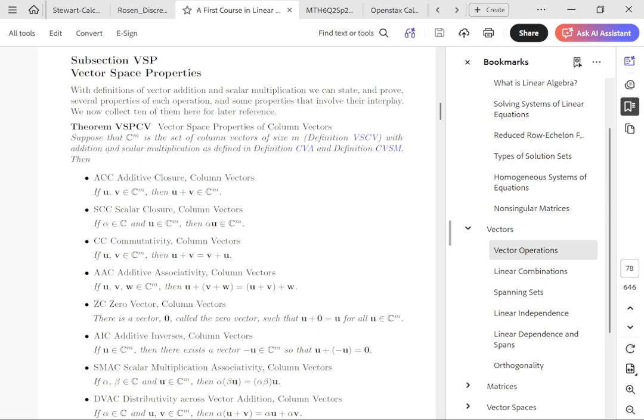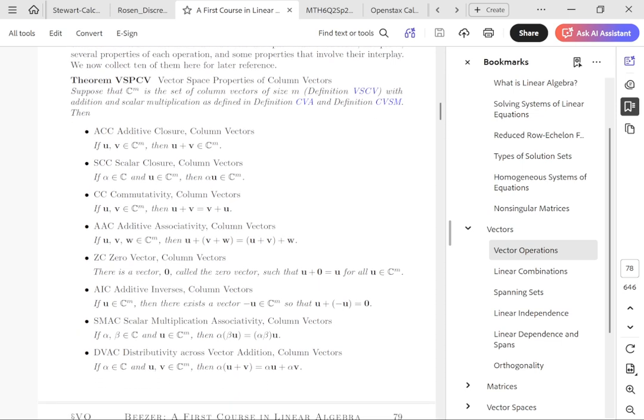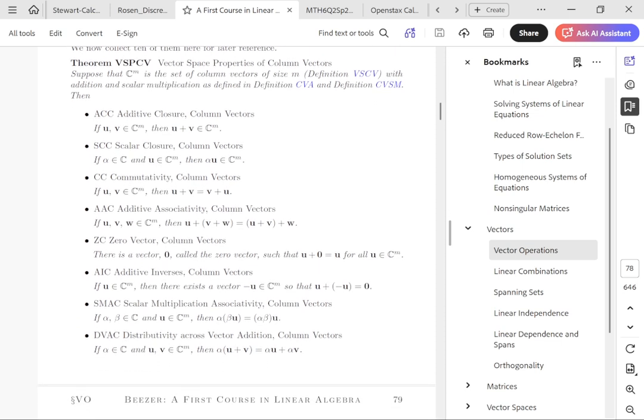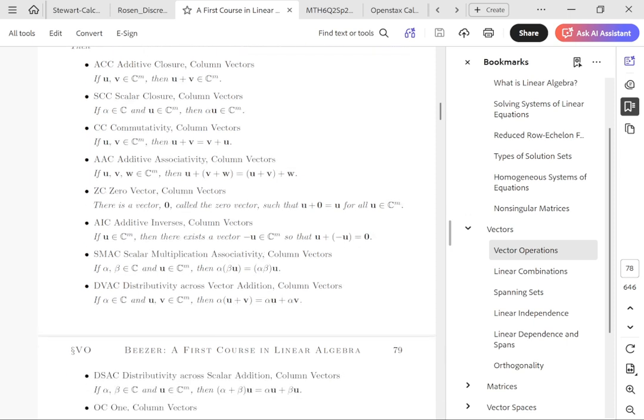And we're going to look in particular at theorem VSPCV, the vector space properties of column vectors. It says suppose that C^m is a set of column vectors of size m with addition and scalar multiplication as defined, what we just finished defining. With that definition, the vector space C^m holds all these properties.